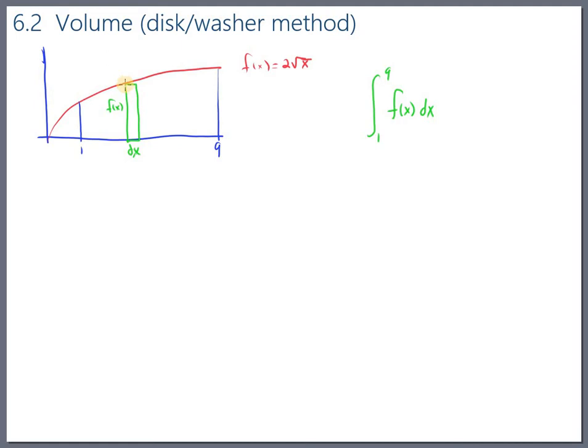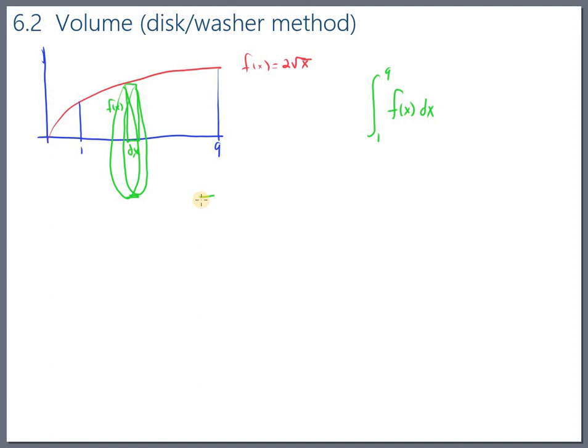So we now want to visualize taking this rectangle and the curve and spinning everything 360 degrees around the x-axis. So the whole thing spins around and gives you this sort of disc shape. I'm going to redraw that because that's a terrible drawing.